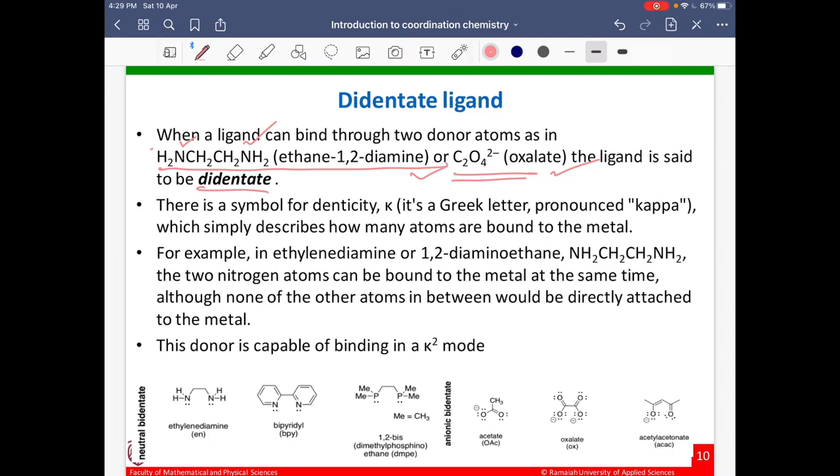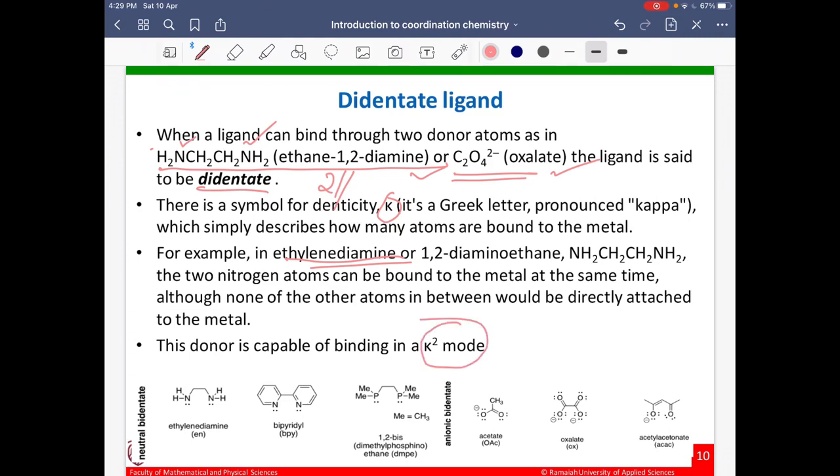There is a symbol for denticity, the Greek letter kappa, which simply describes how many atoms are bound to the metal. For example, ethylene diamine is didentate, so denticity is 2. So we will write that ethylene diamine is a donor capable of binding in κ2 mode.